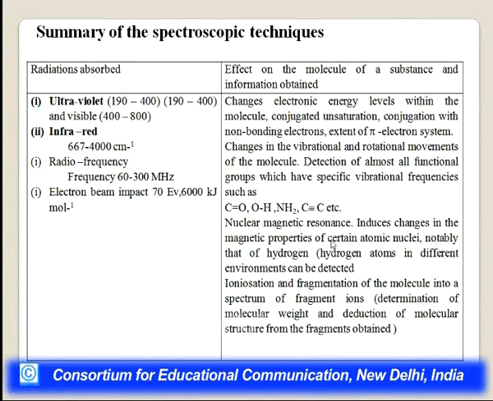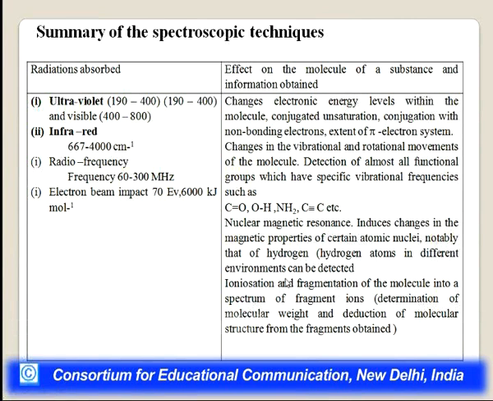Nuclear magnetic resonance, which includes the radio waves, induces changes in the magnetic properties of certain nuclei. We have discussed in the last slide nitrogen, phosphorus also, notably that of hydrogen. Next, electron beam impact, which includes changes in ionization and fragmentation of the molecule.